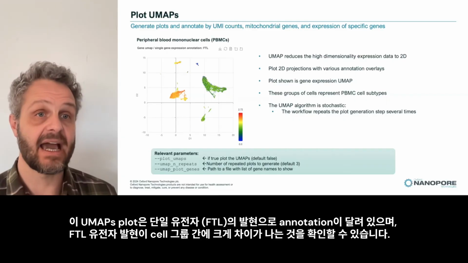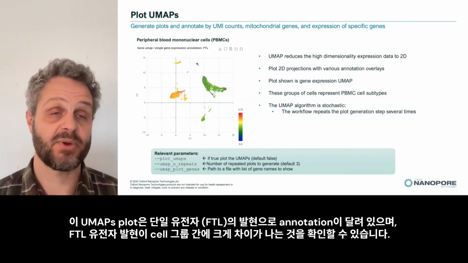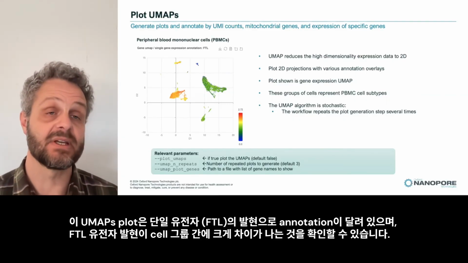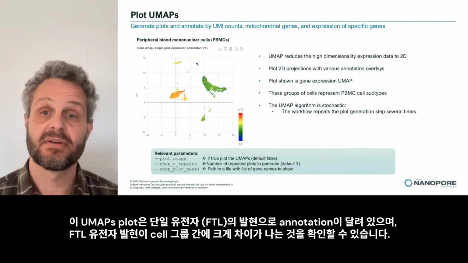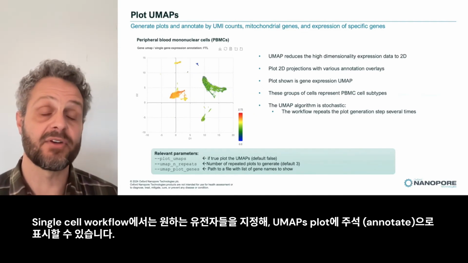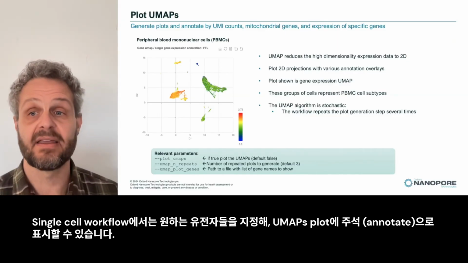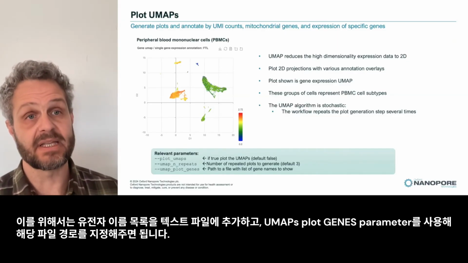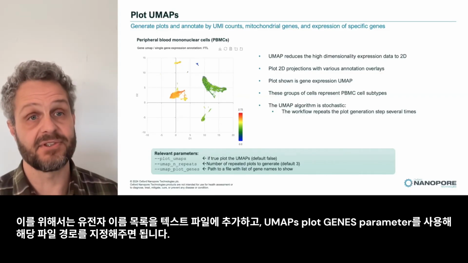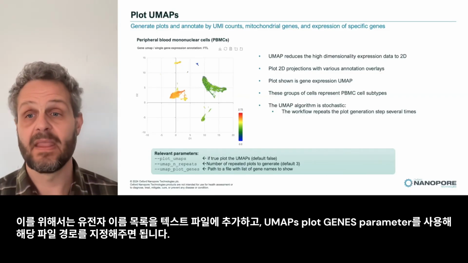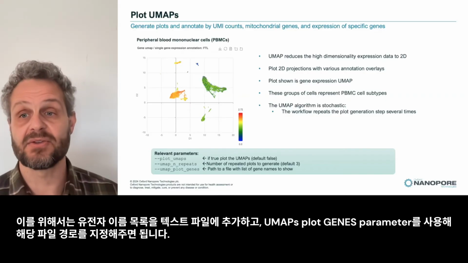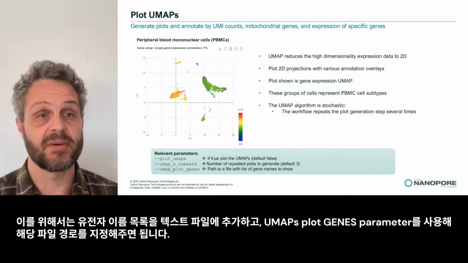And we can see how the expression of FTL varies greatly between different groups of cells. In the workflow, you can specify genes of interest to annotate plots by. So what you would do is add your list of gene names to a text file, and you point to that path using the umap_plot_genes parameter.